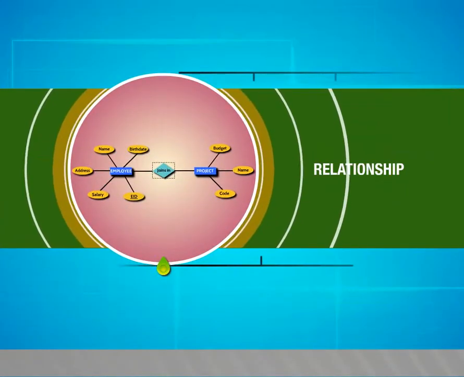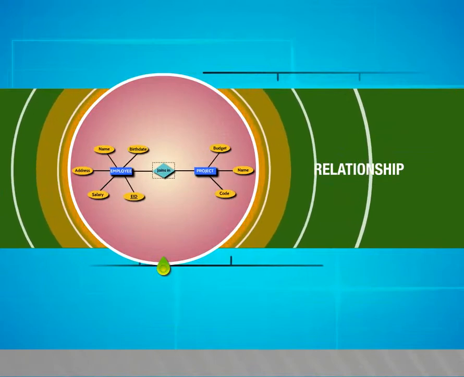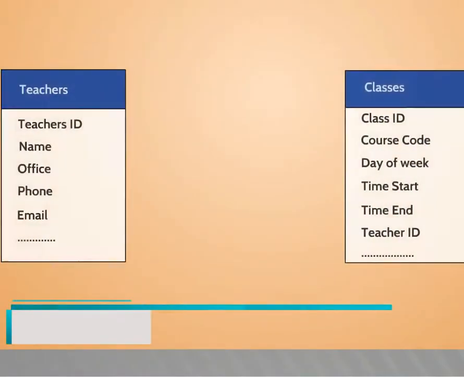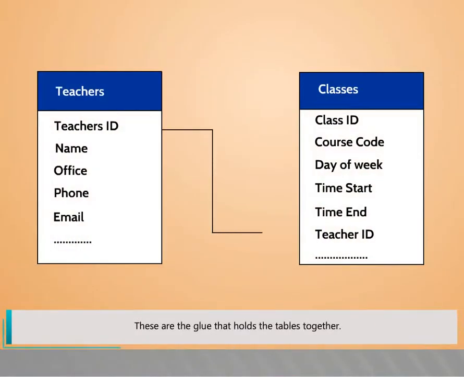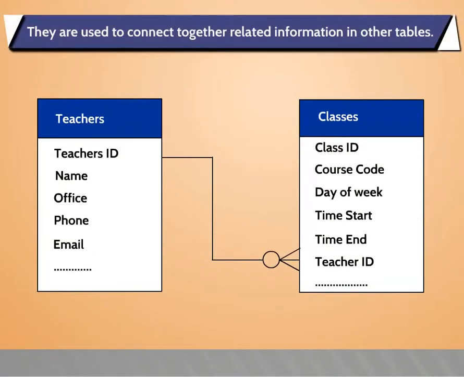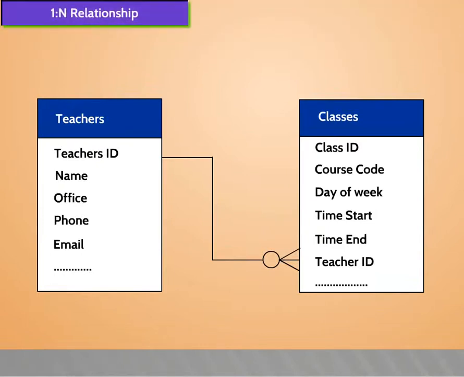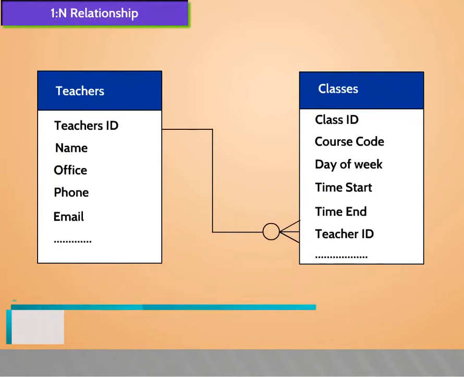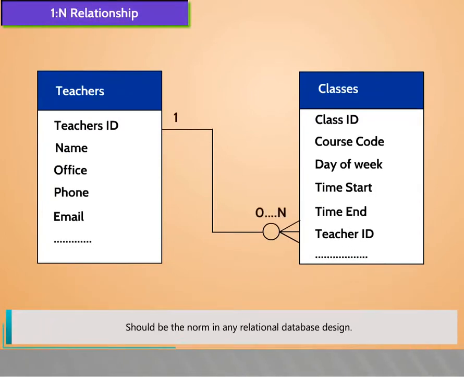Relationship. In this video, we are going to see about relationship. These are the glue that holds the tables together. They are used to connect together related information in other tables. One-to-N relationship should be the norm in any relational database design.